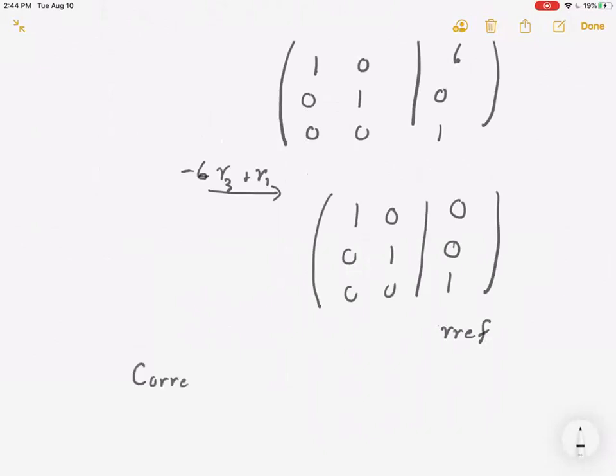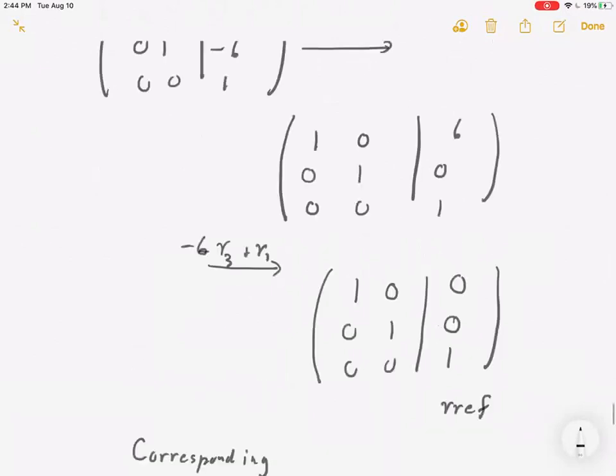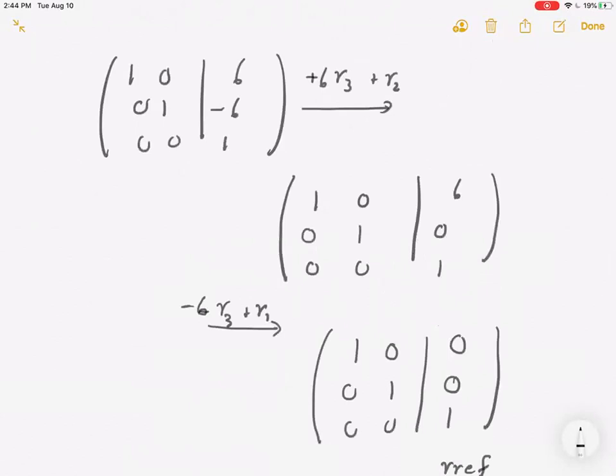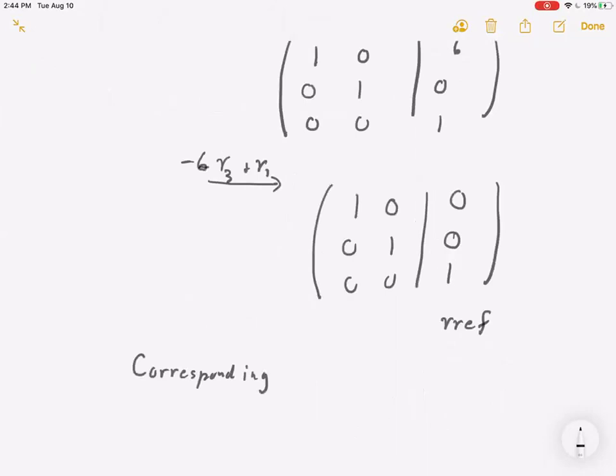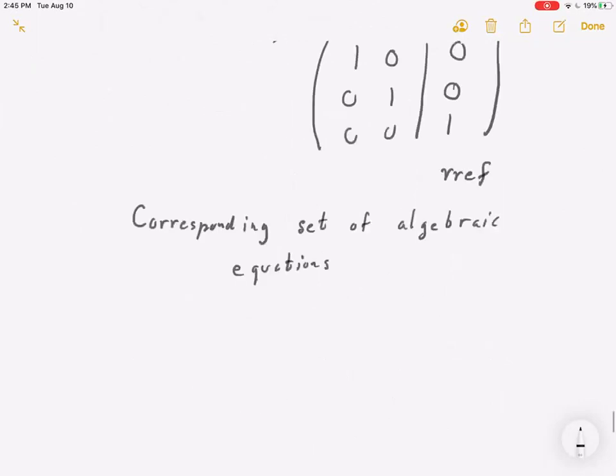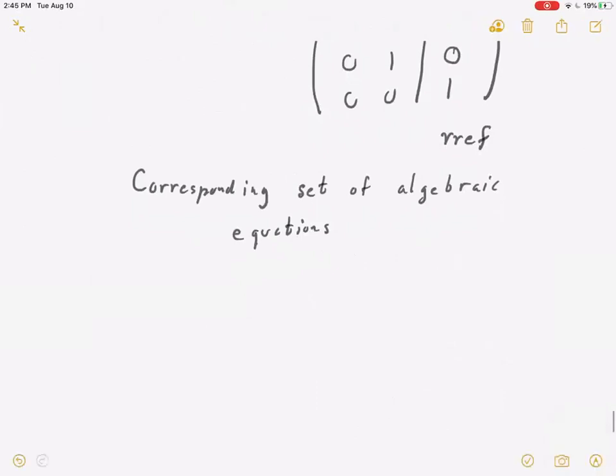So let's see, oh, that looks fine. So the corresponding set of algebraic equations, starting from the bottom and working my way up: 0 times x sub 2 has to equal 1.